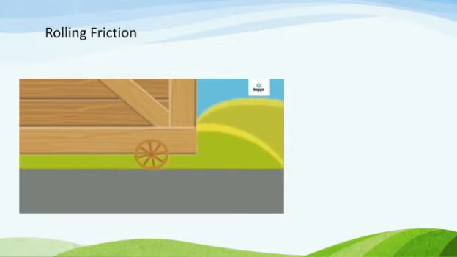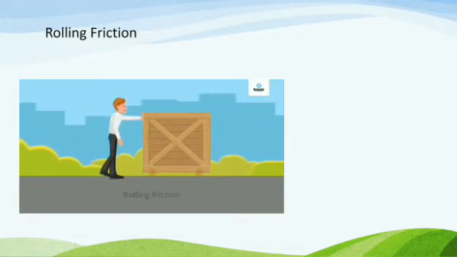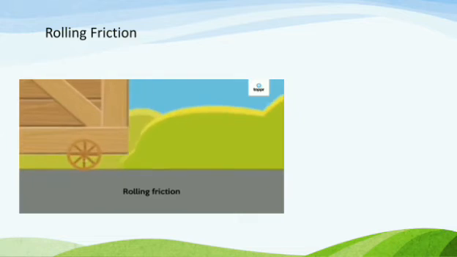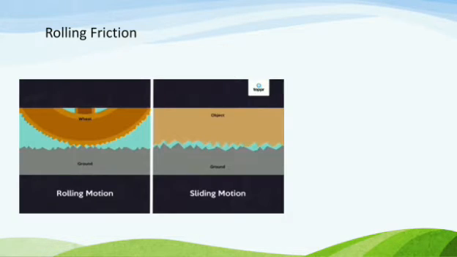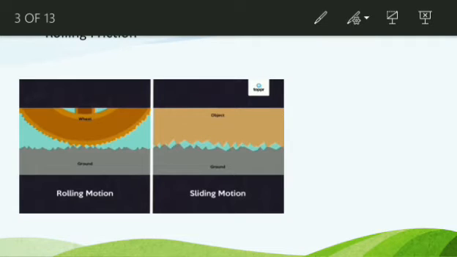Students, observe the video properly. See, wheels are connected with the heavy box and the boy is able to move it easily. What is the mechanism behind it? Can anyone tell? Yes. See, when an object is rolling over the surface, it does not get as much time as in static motion to be interconnected with the surface of the floor.